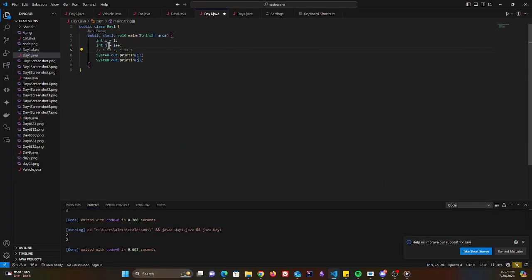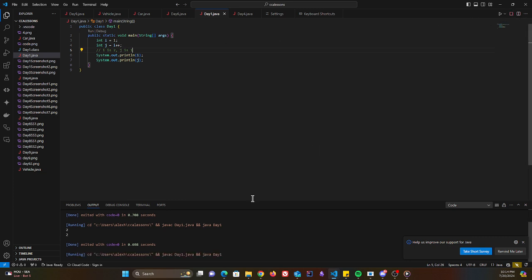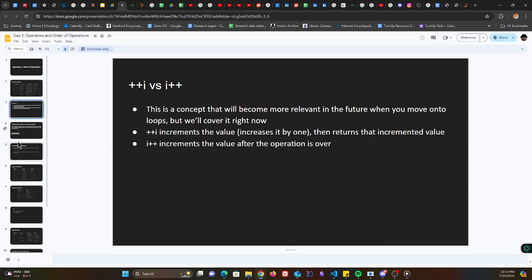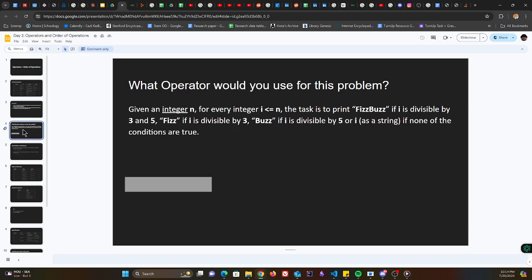So j still equals 1 because the operation technically isn't over at that point. So we run it, 2, 1. Yep, j still equals 1, whereas i incremented by 1 to equal 2. So that's just a short demonstration of a relatively important concept for future purposes.